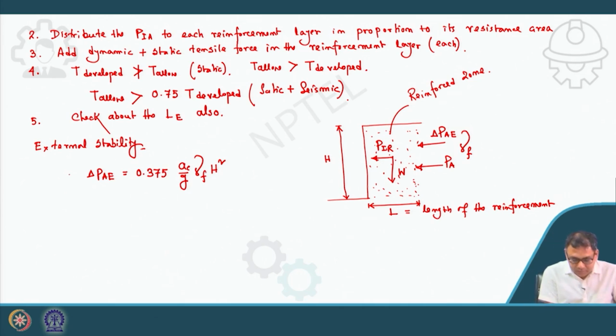Clear? This is your del PAE, and similarly, I will calculate PIR, that is AC by G, acceleration, into mass. Mass is how much? Total area. This total area is your H into L, the reinforced zone.